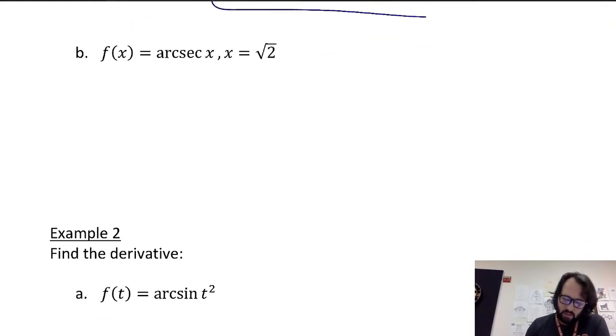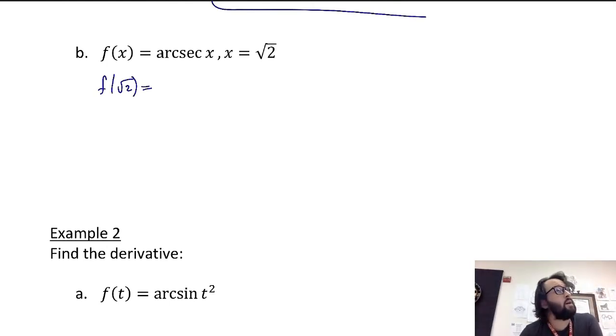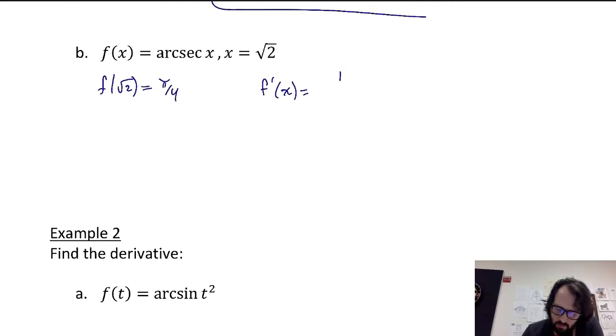All right, arcsecant at x equals root 2. So f of root 2, arcsecant of root 2, hypotenuse over adjacent, so this would be a pi over 4 angle for secant. And then the derivative is what? 1 over absolute value.